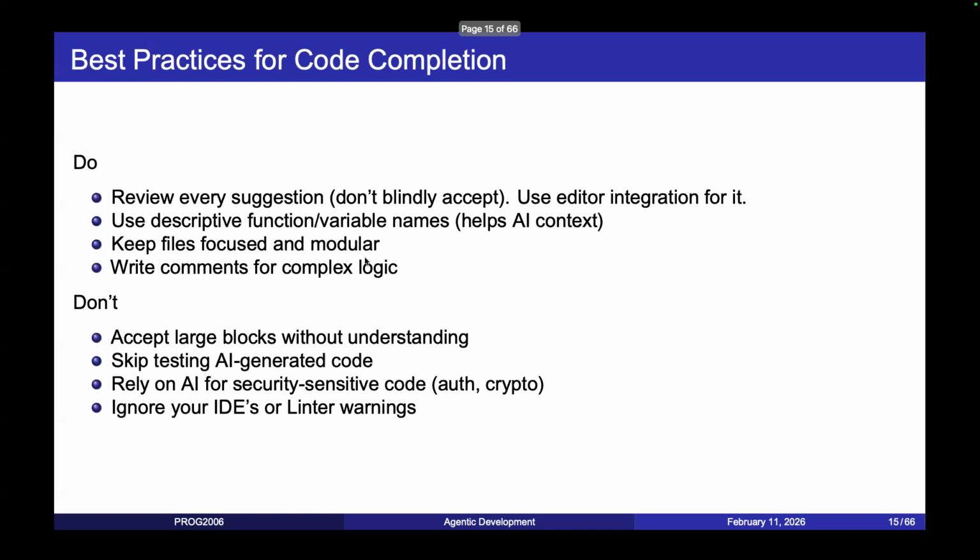We will see. So then, the best practices: of course, you have to review all the suggestions. You have to help the AI with the context. It often helps with code completion to have some comments or properly named variables and things like that. It always helps. AI is surprisingly dumb when things are renamed to something that doesn't match what the LLM was trained on.